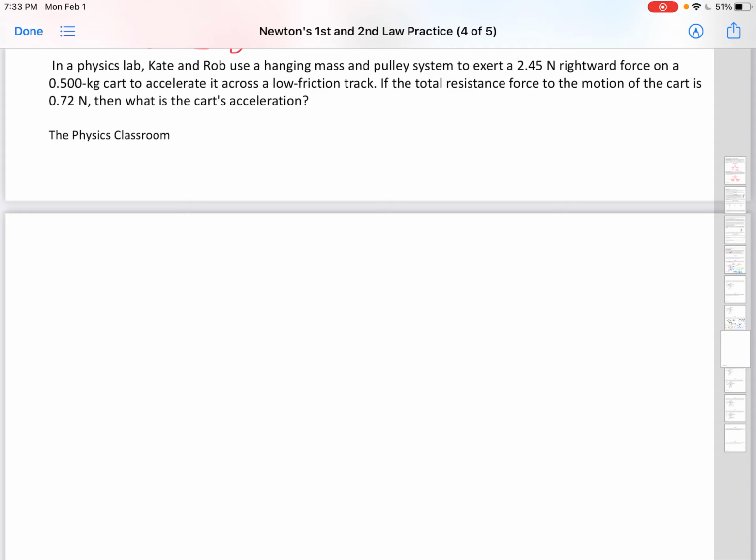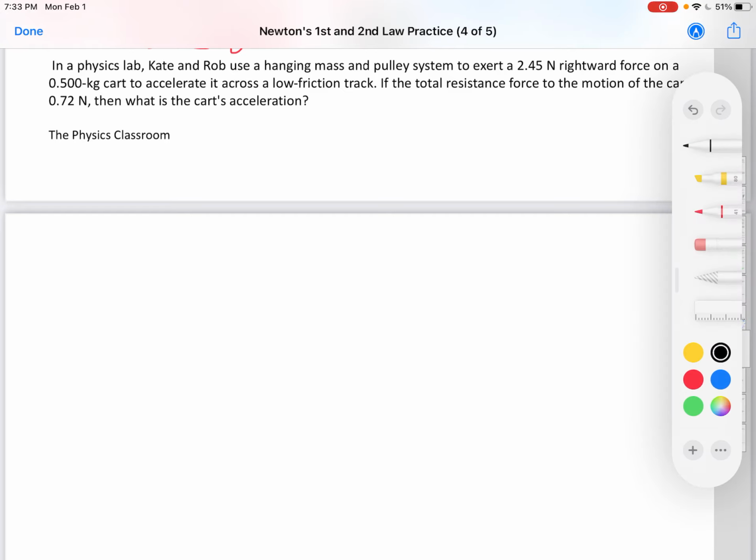Okay, this seems kind of complicated because we're talking about a pulley system. But in reality, you can draw it just the same. So, low friction track. Use a hanging mass and pulley system to exert a 2.45 newton rightward force. So there's my cart, and it's 0.5 kilograms.